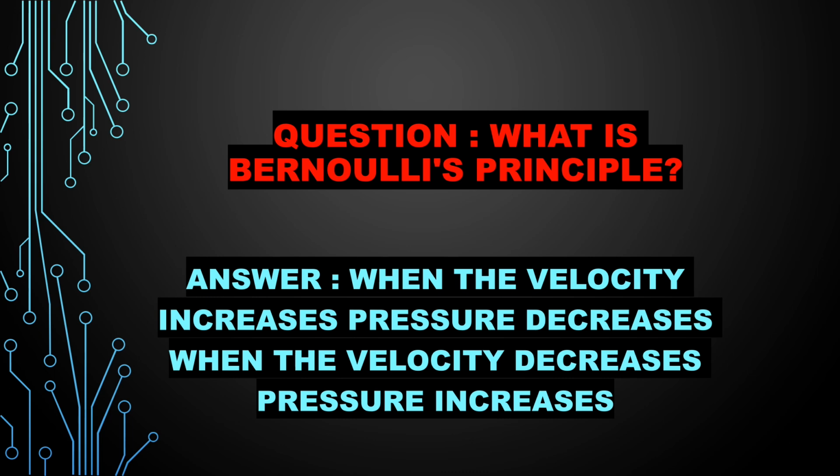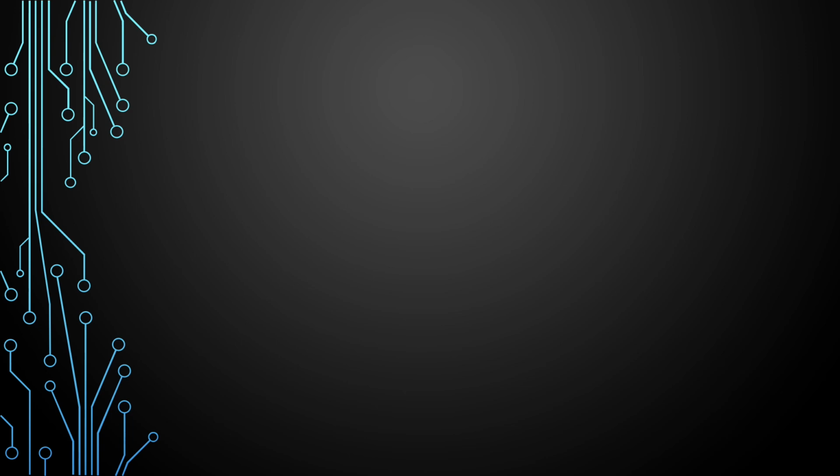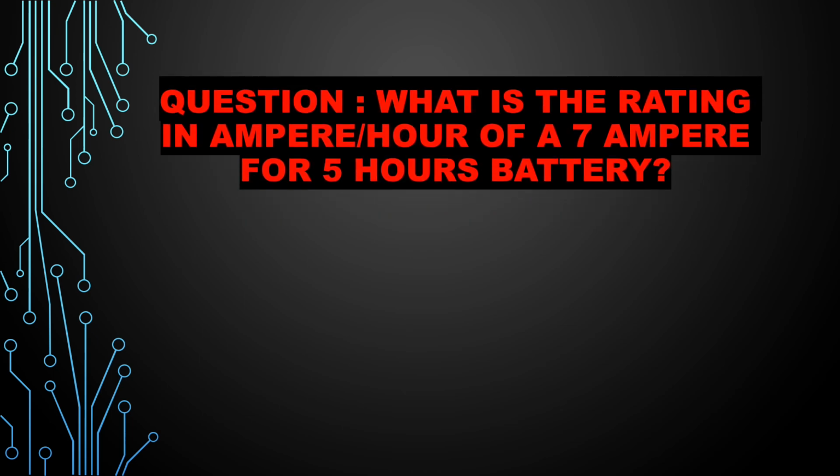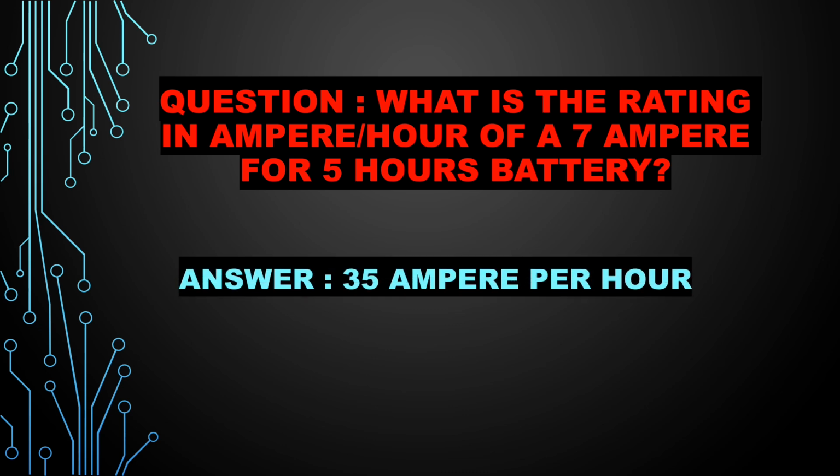When the velocity decreases, pressure increases. Question. What is the rating in ampere-hours of a 7 ampere for 5 hours battery? Answer. 35 ampere-hours.